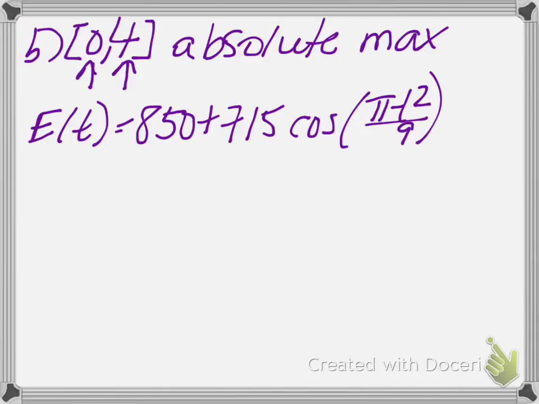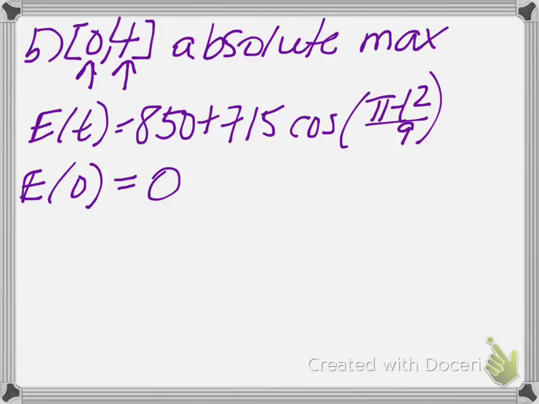Okay, so when t equals 0, E of 0, how much was in the tank at time t equals 0? 0, that's what they told you. So it's highly unlikely that's going to be the answer, because obviously stuff went in, and we're looking for the biggest one. Okay, or it could have happened at 4.